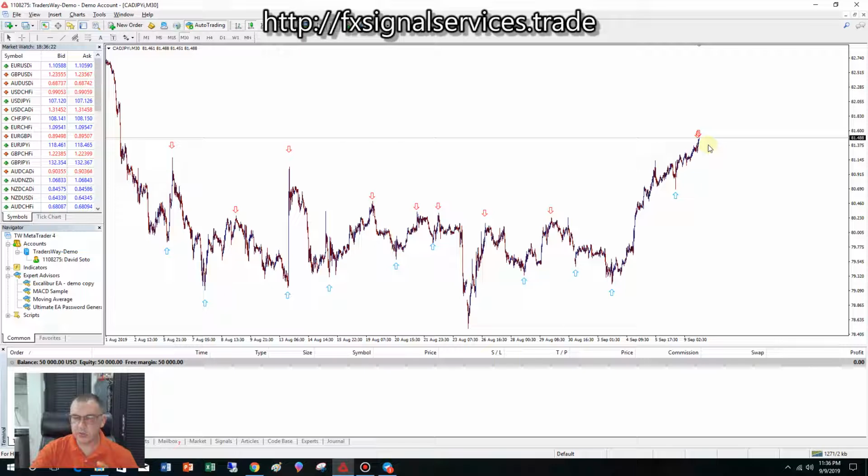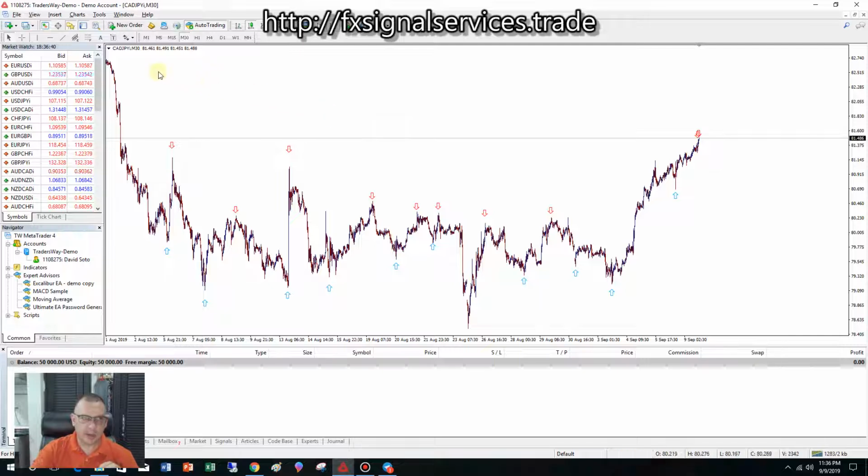We have two blue arrows, so I feel very strongly it's going to come down. As a matter of fact, I know it's going to come down, but at this point it could still go up a little bit more, okay? So I cannot say 100% without a doubt that it will drop right now.